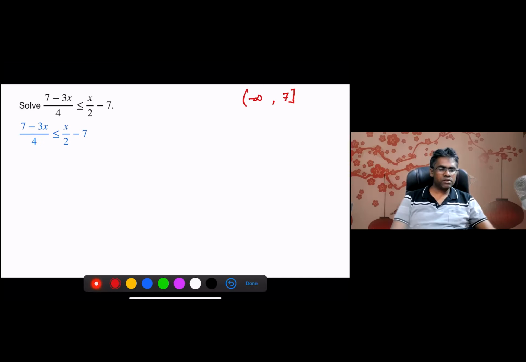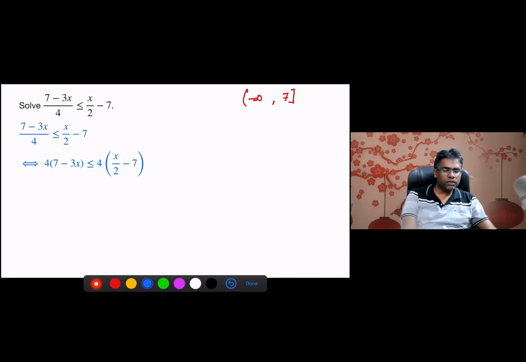So let's see. Here that's as it is, and then I'm multiplying both sides by 4. If you multiply both sides by 4, then I think I made a mistake, isn't it? Yes, sir. The left-hand side, I should have a 4.